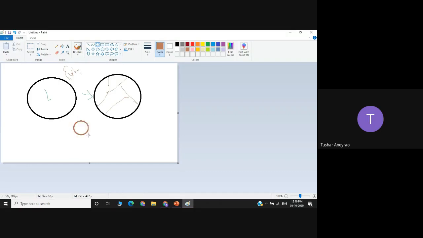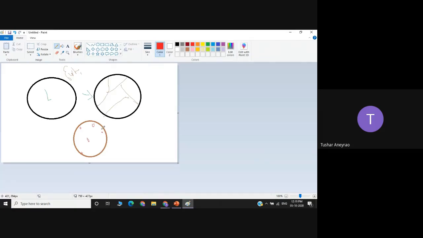So we have to draw one intermediate stage also. So intermediately what is happening? For example, let us try to draw the crystals in red, which are crystals of the austenite. So some crystals of austenite have nucleated here, right? Austenite crystals.